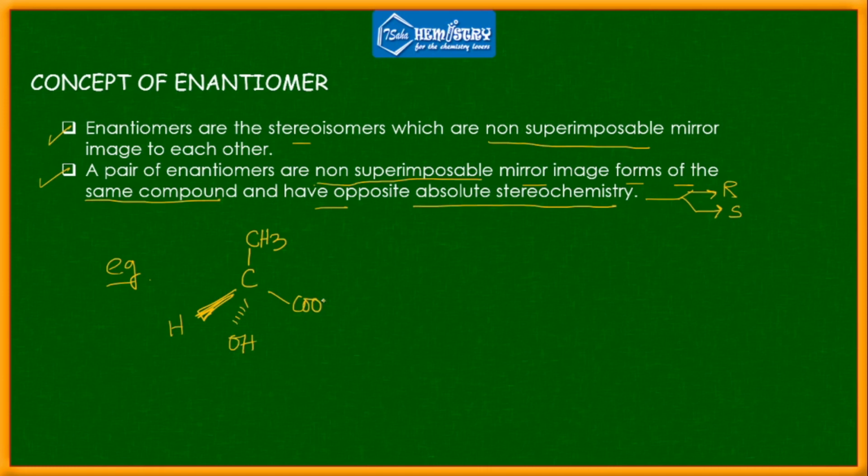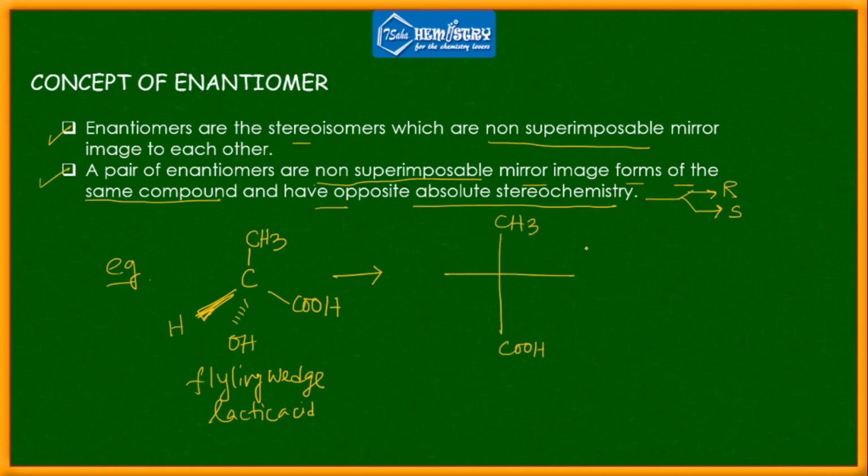Now if you change this flying wedge projection of lactic acid into a Fischer projection, then you have to draw these vertical lines and horizontal lines, then you have to put methyl over here, COOH over here, hydrogen over here, and OH over here.